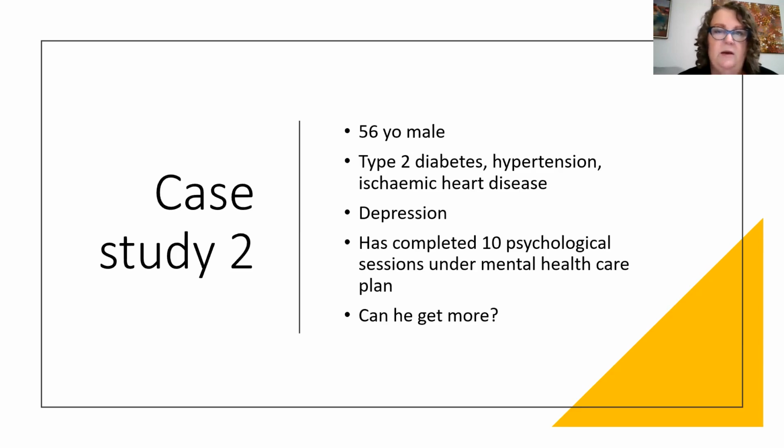But certainly, with this patient, if they've been seeing a psychologist for depression, it might be affecting the management of their other chronic diseases. They might have developed diabetes burnout and not be looking after their diabetes as well as they should. They might be having trouble getting motivated to participate in the rehab, the activity and the lifestyle changes that they need to be making in order to manage their ischemic heart disease.